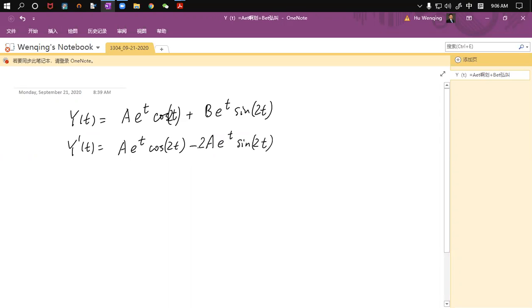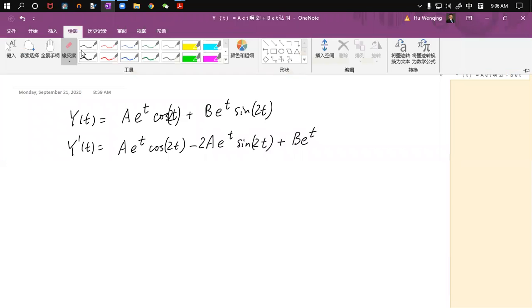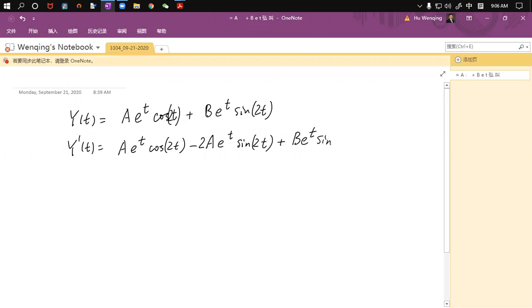Cosine derivative is a negative sine. Then you're going to have b e power t sine, so it's b e power t of sine of 2t, and then plus 2b e power t, sine derivative is cosine, so cosine 2t.